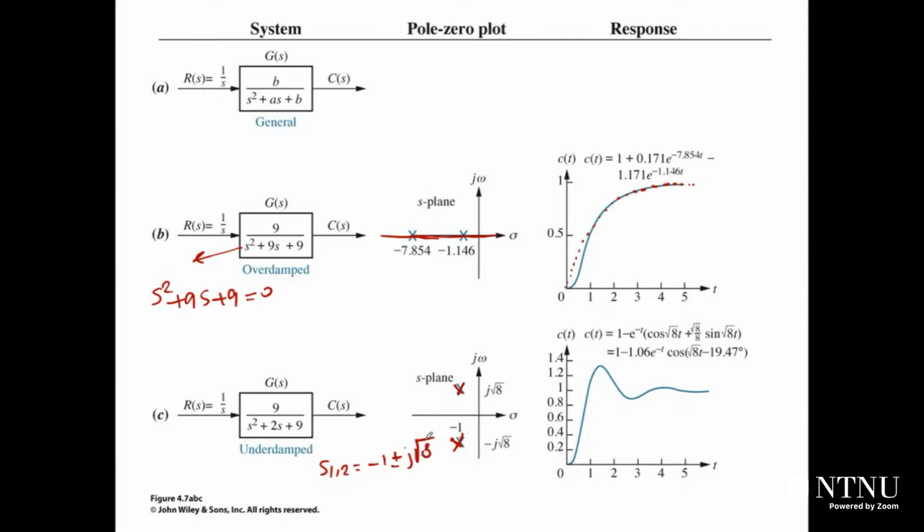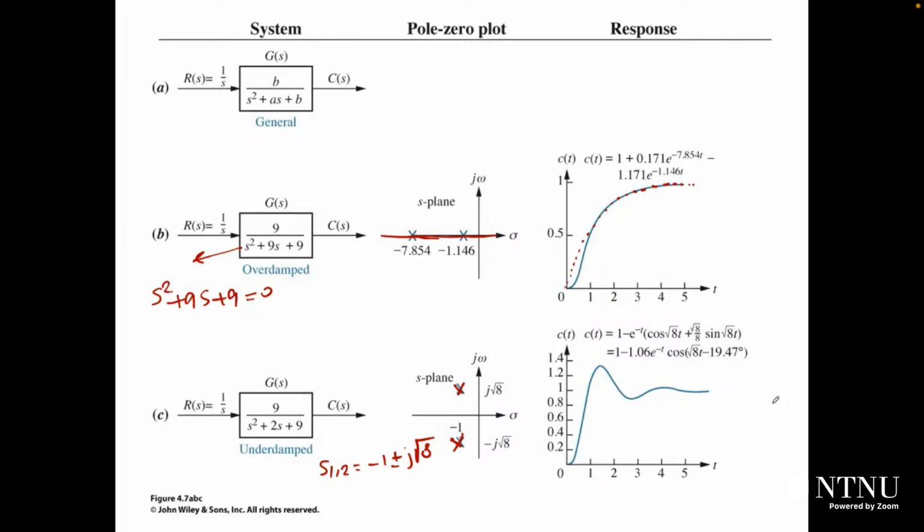So it consists of a real part and an imaginary part. When you look into it like this, it will tell you that your response will be underdamped. Underdamped is the best case, in fact, because we wish that all systems will be underdamped. So when you look into the location of your system poles, you will be able to see that, okay, my response will be like this one.